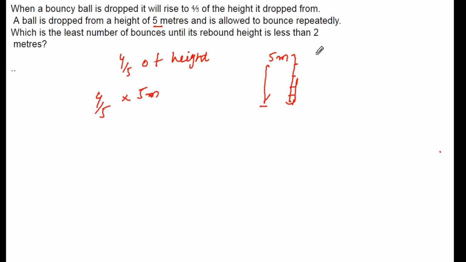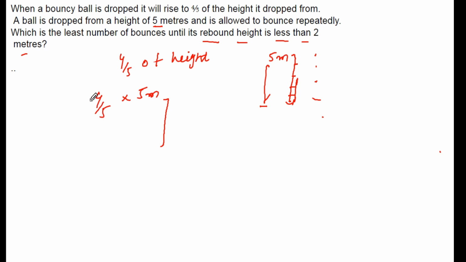First the height will be high, then here, then here, then here. Which is the least number of bounces until its rebound height is less than 2 meters? So we need to find what they're asking, that you need to find the bounces repeatedly, because the bounce repeats continuously and the height starts decreasing one by one.